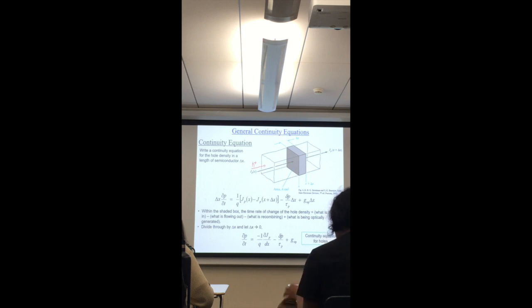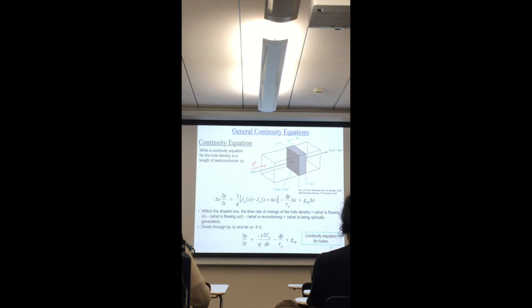If we have holes moving, this will lead to current. These holes move in and move out, so we have the current at x and the current at x plus delta x.